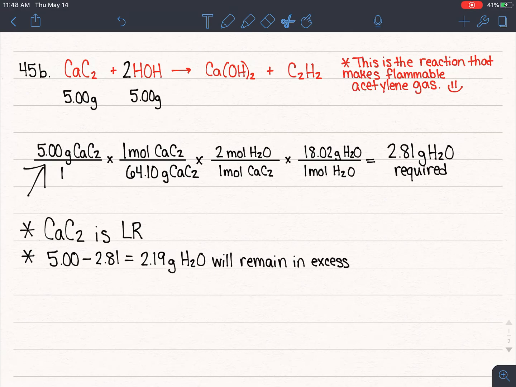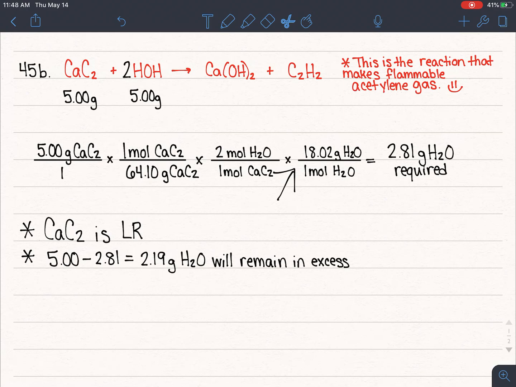So I put 5 grams of CaC2 over 1, and then I am going to divide by the molar mass of calcium carbide to get how many moles of CaC2 I have. The next step, as always, is to use the mole ratio, so putting the moles of CaC2 on the bottom so that it will cancel out over here. And then I have 2 moles of water that will be required.